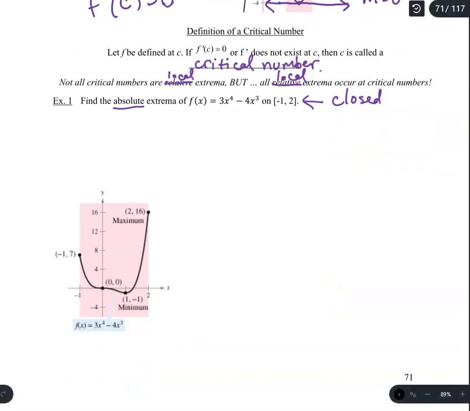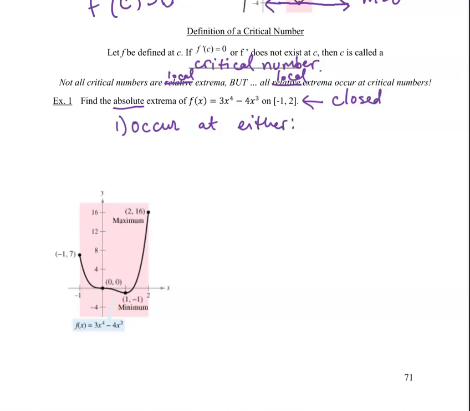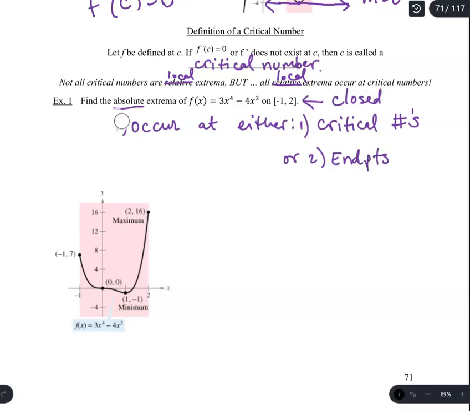Absolute extrema occur at either critical numbers or at the endpoints. That's where absolute maxima and minima are going to happen. And so when you're asked to find absolute max and minima, the first thing you're going to do is find the critical numbers for that particular function.